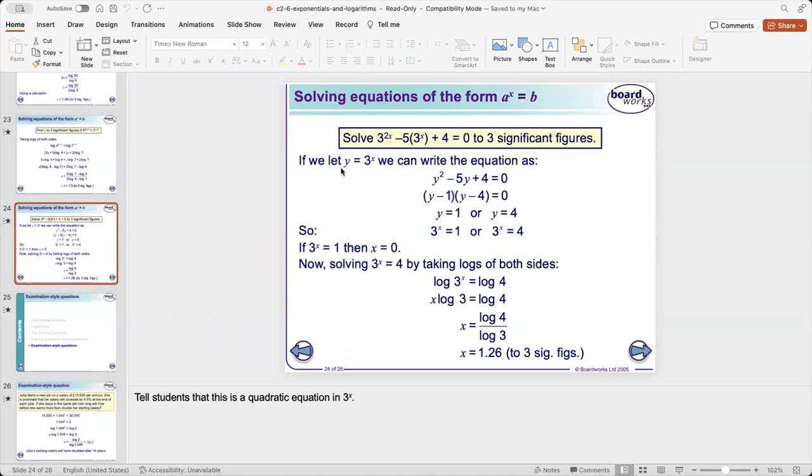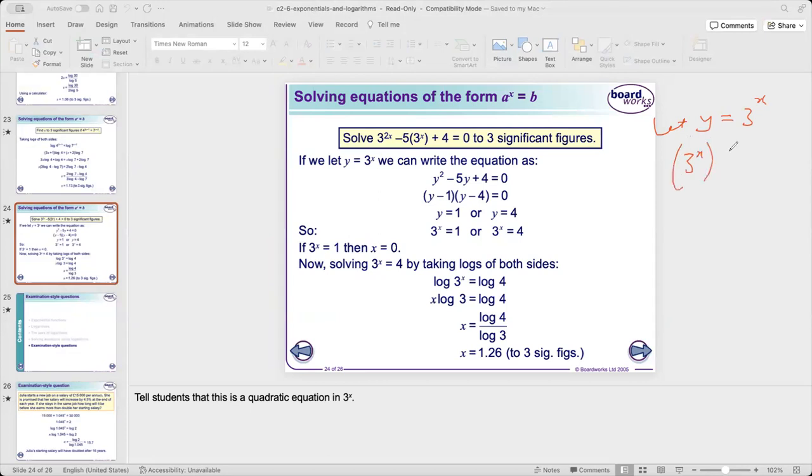Because you can see 2 powers there, let y equals 3x, that means 3x squared is y squared. So it gives you y squared minus 5y plus 4 equals 0.